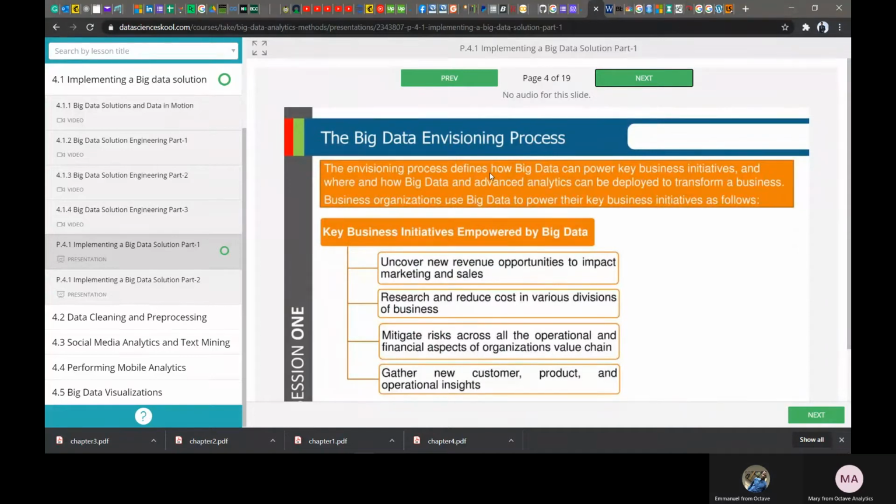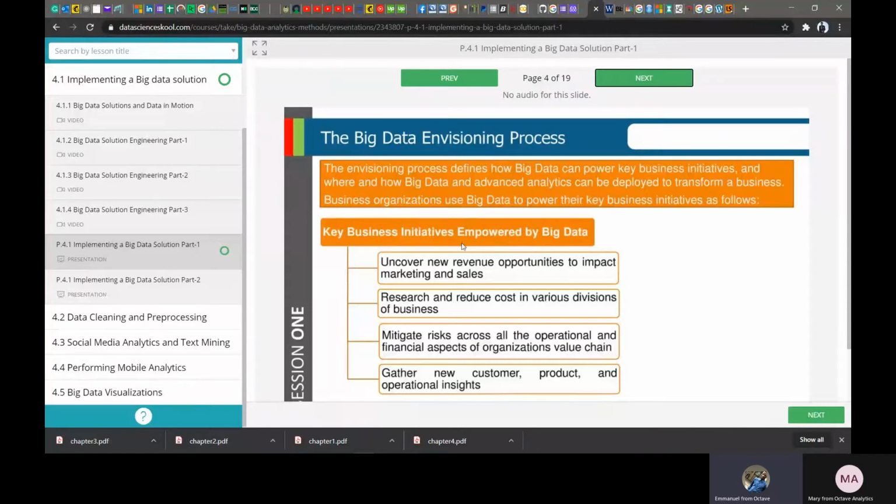So the envisioning process defines how big data can power key business initiatives. How can we make use of the available data sets to make good business decisions, and where and how can big data and advanced analytics be developed to transform a business?